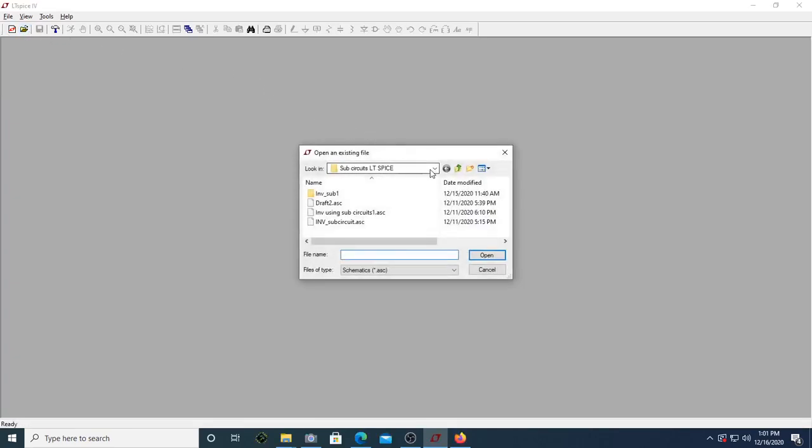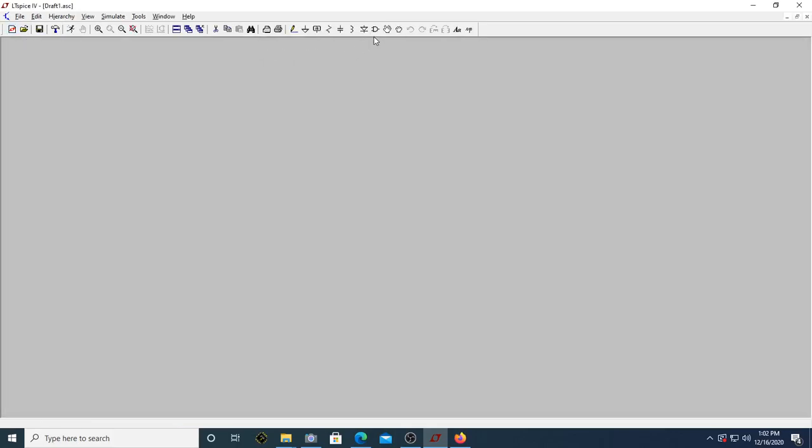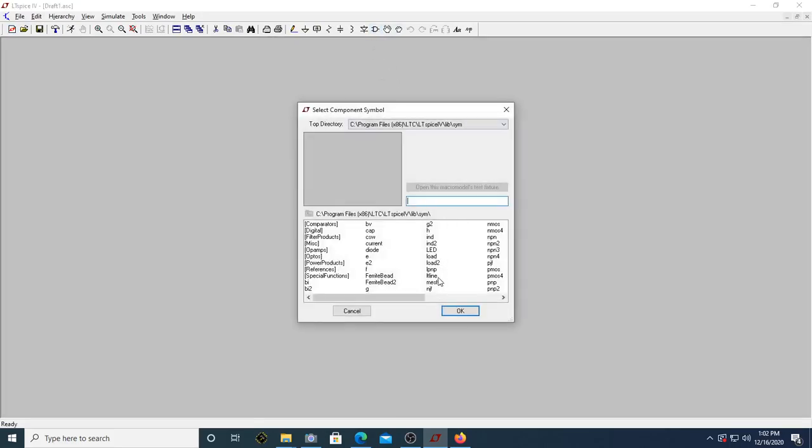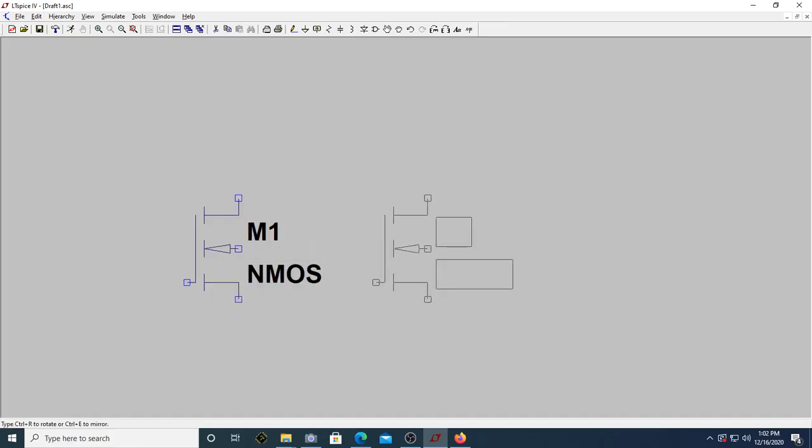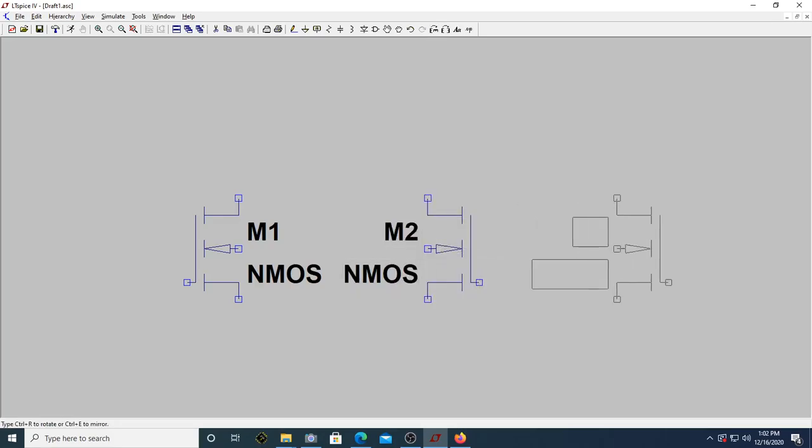Let me just see. Okay, let me just check it out. Otherwise we'll try to have one such, we just have one transistor. Let me have a MOSFET transistor 1 here, and this is the other transistor.